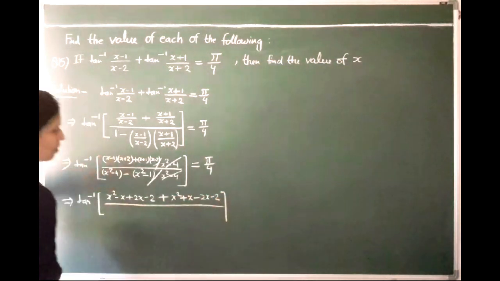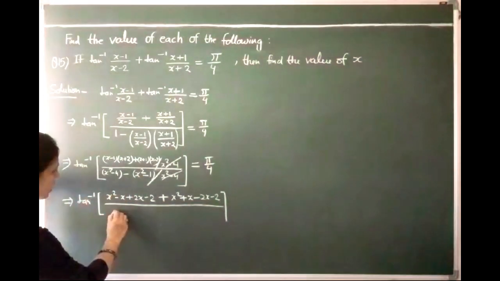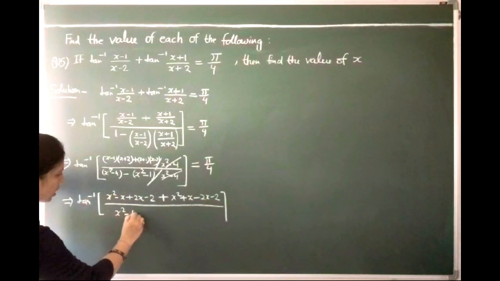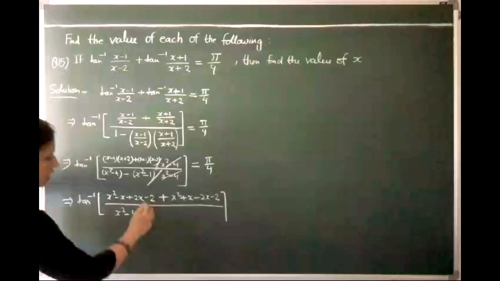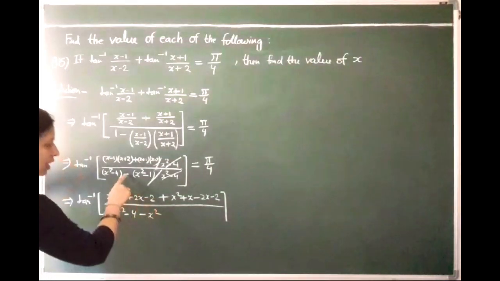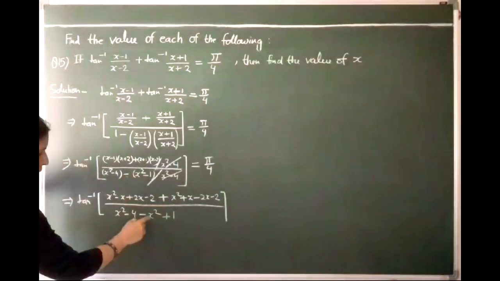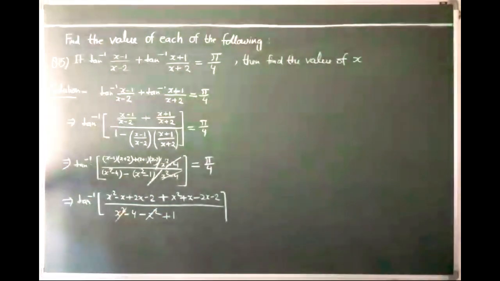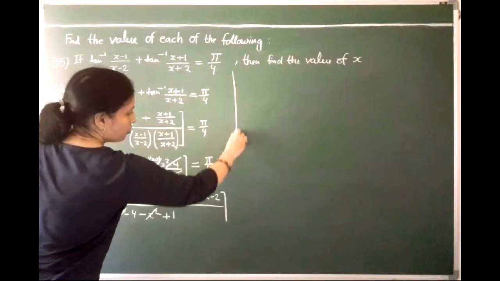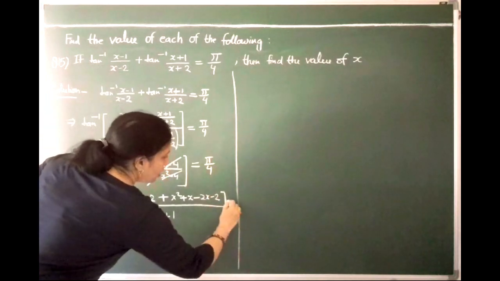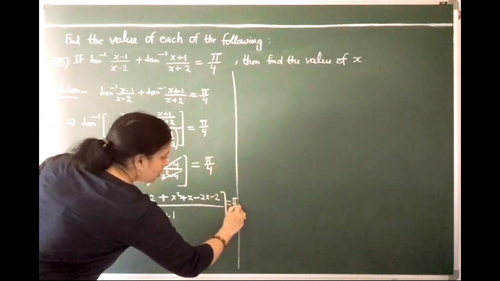And this is divided by this one. It is x square minus 4. Here it is minus, so it will be minus x square. Minus and minus become plus, so it will be plus. X square minus x square will be 0. It is equal to pi by 4 here also.